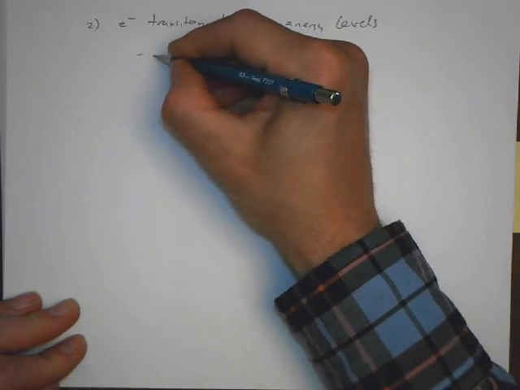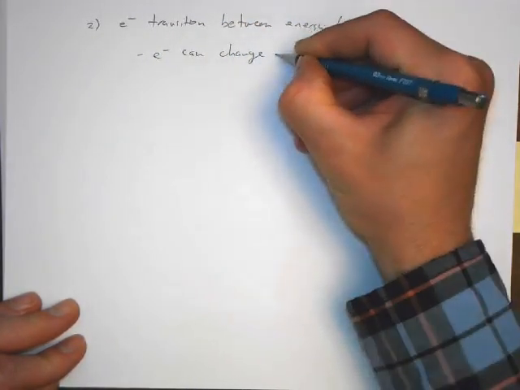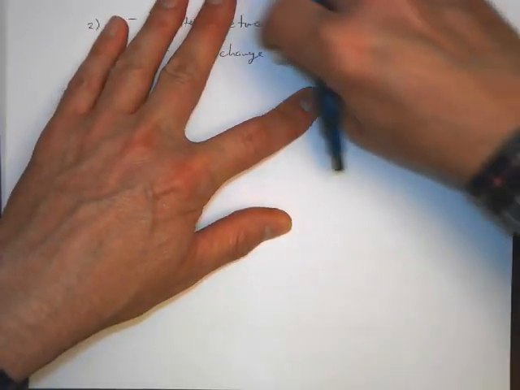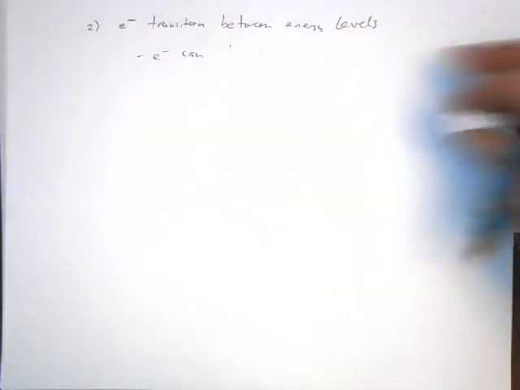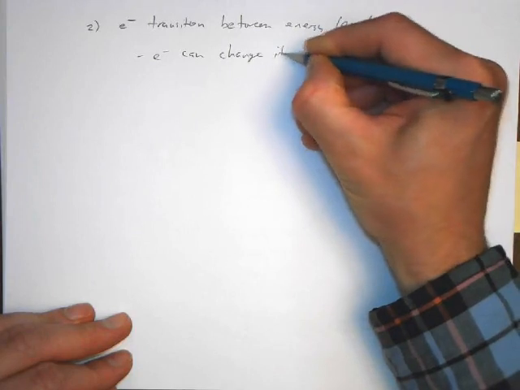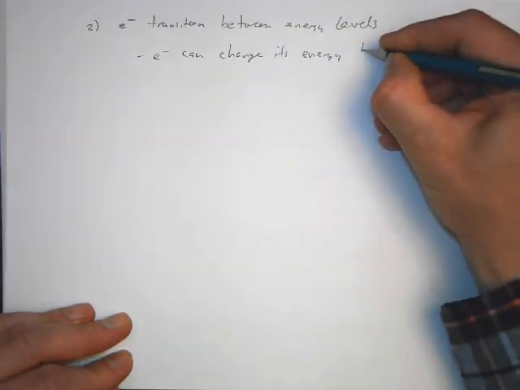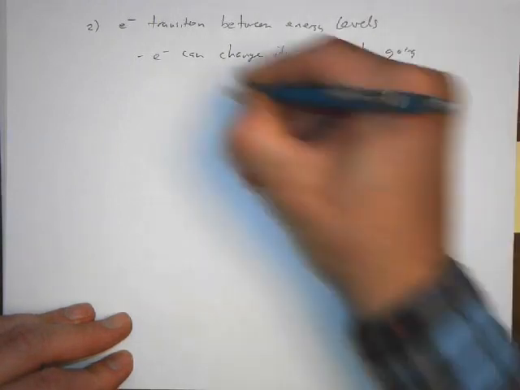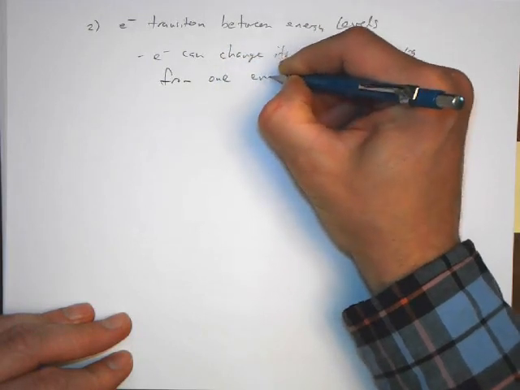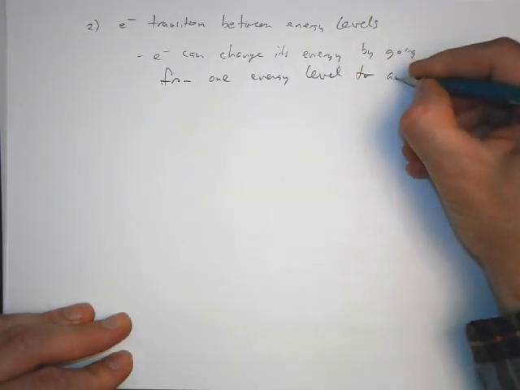It says that an electron can change its energy by going from one energy level to another.